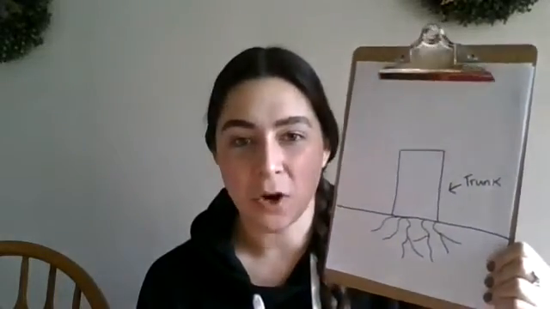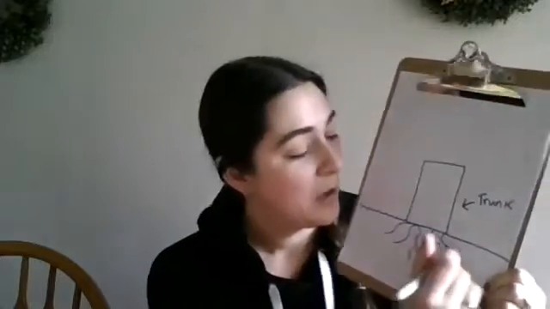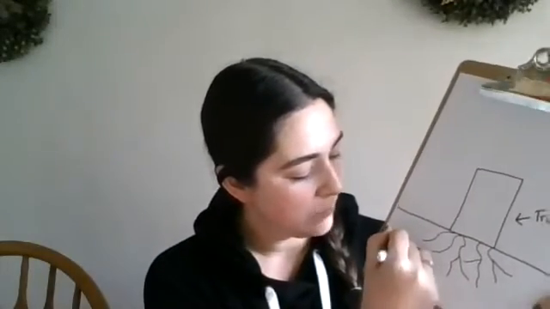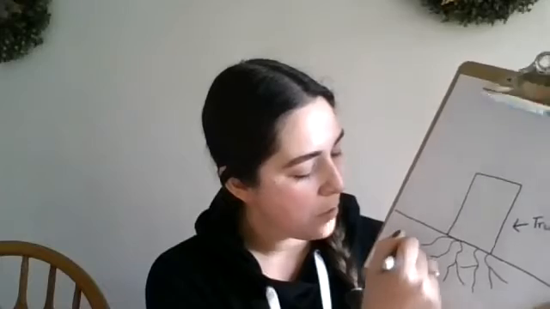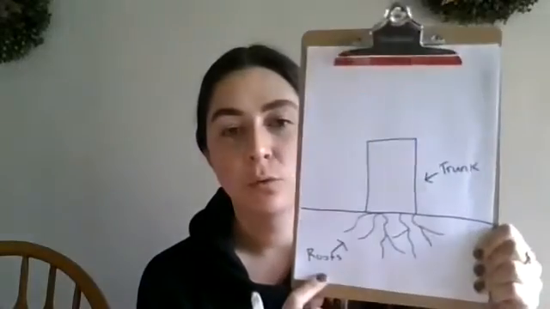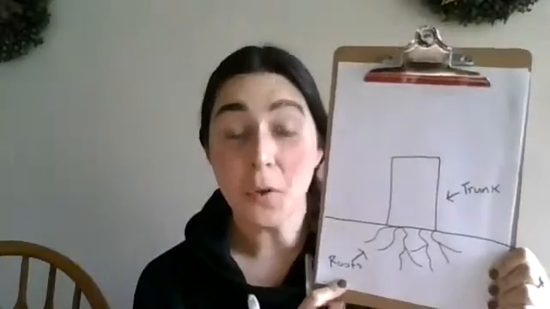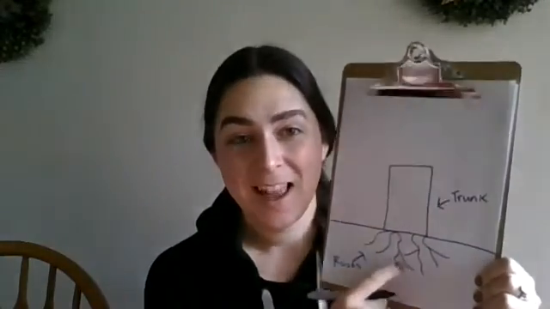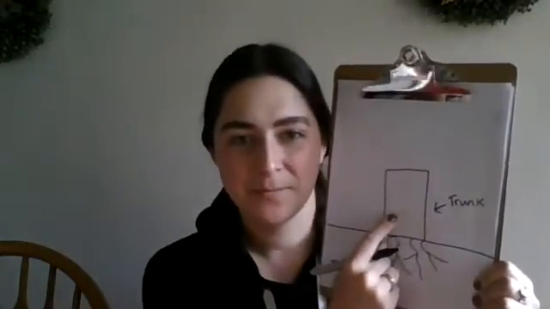And roots starts with the letter R. So here I go. I'm going to make my arrow and write R-O-O-T-S. Roots. So far, we have the roots of the tree and the tree trunk.